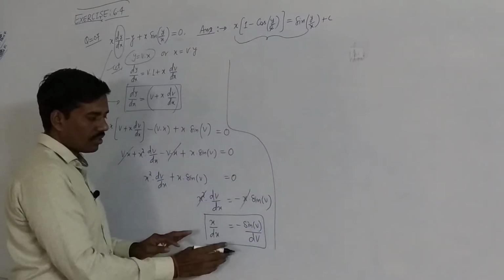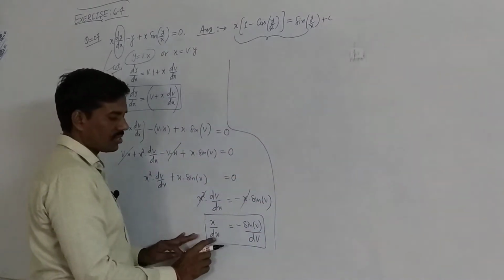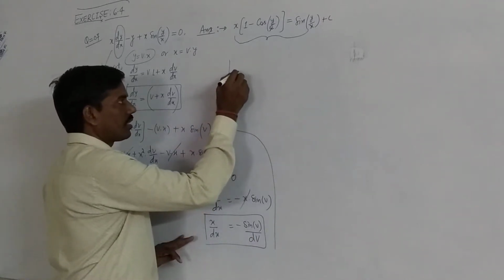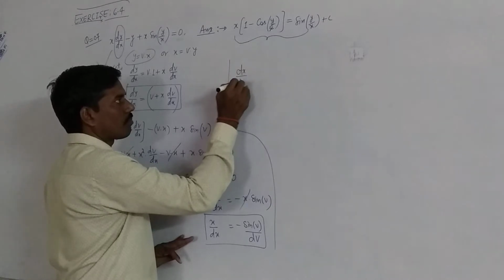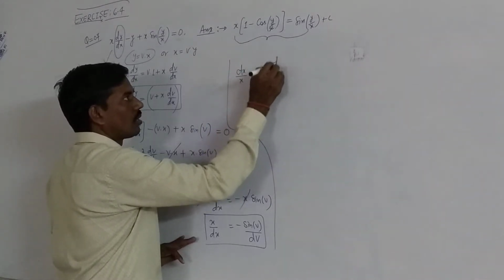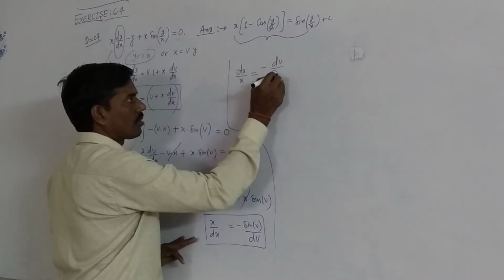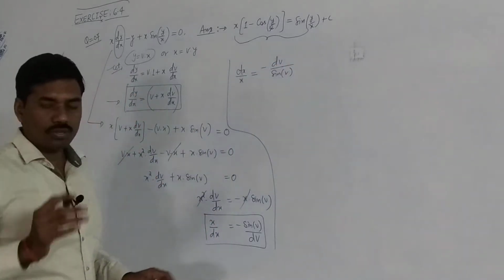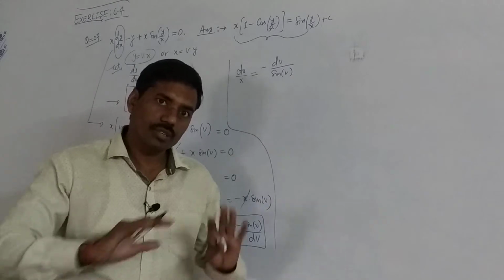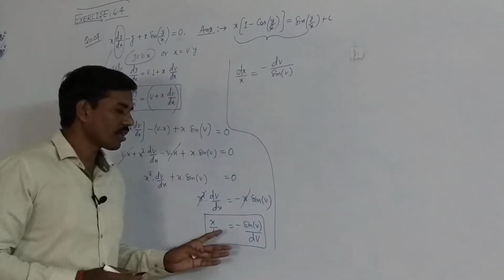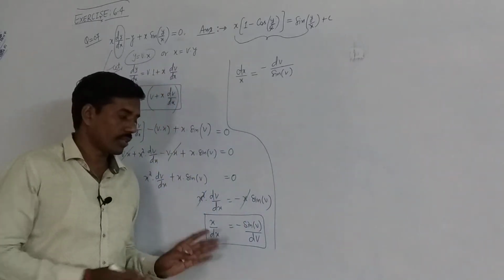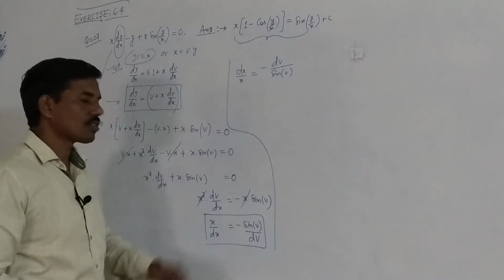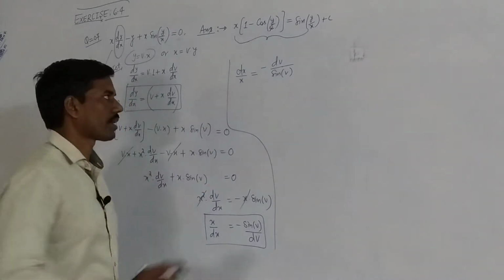On inverting the given equal fractions, since dx and dv are present in the denominator, we get dx upon x is equal to minus dv upon sine of v.